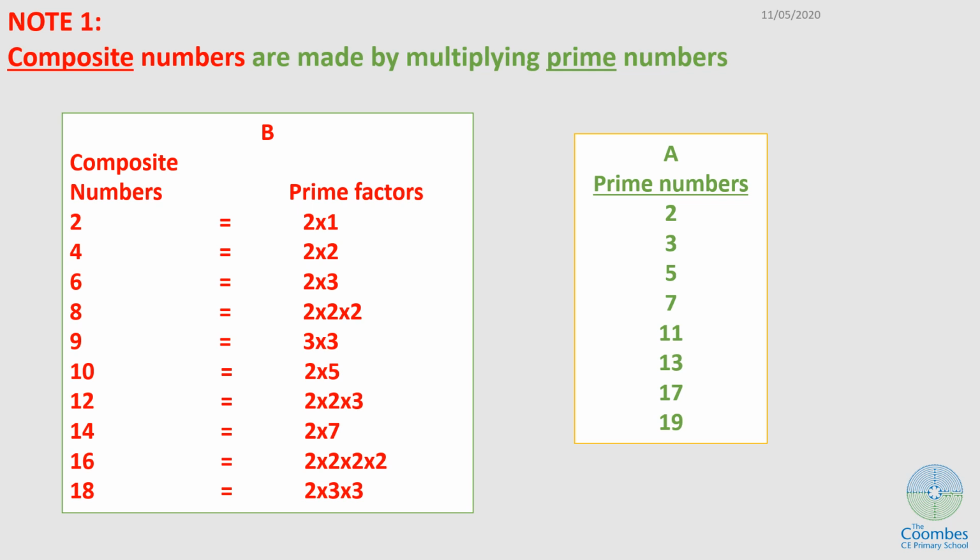For 6, prime factors 2 times 3 will give me 6. For 8, prime factors 2 times 2 times 2 will give me 8. For 9, it is 3 times 3. And this carries on to the end. So you can see multiplying prime factors gives composite numbers.